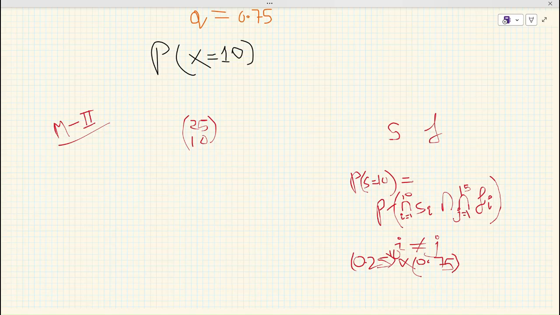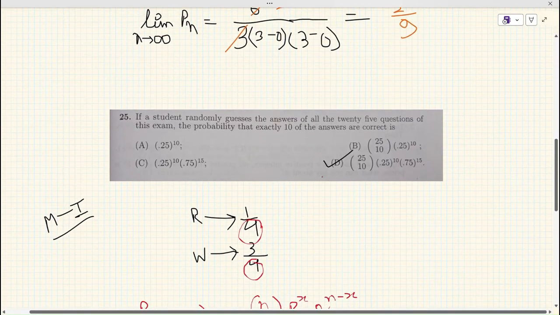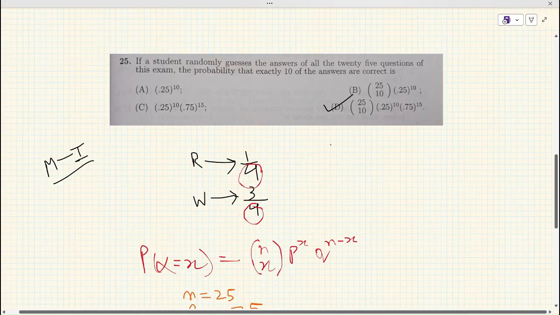We multiply these, and the answer is 25 C 10 times 0.25 to the power 10 times 0.75 to the power 15. So once again we get the same answer.